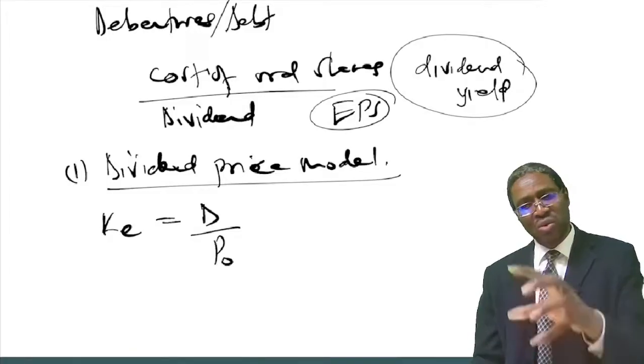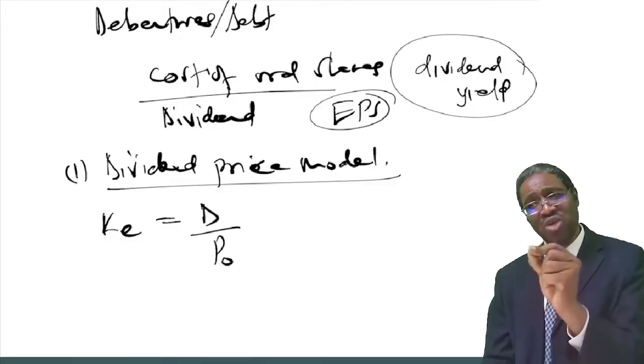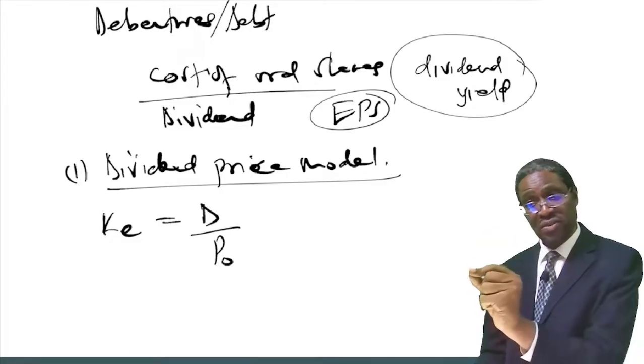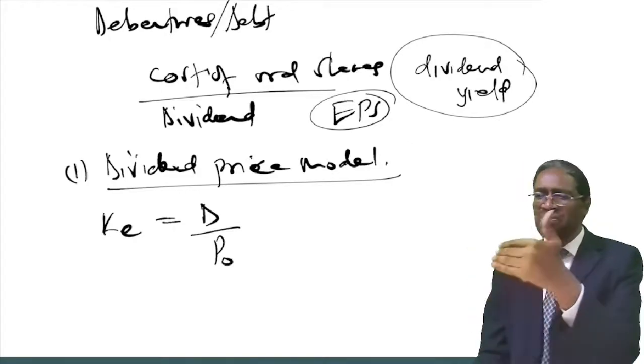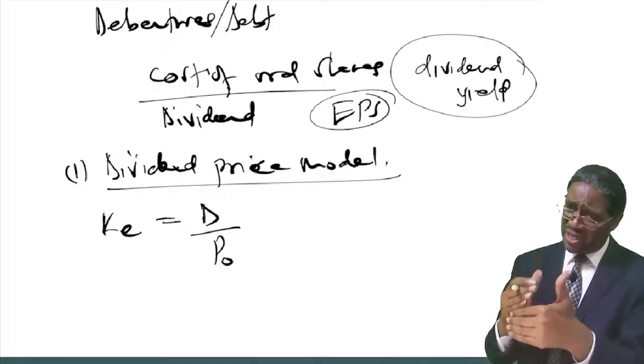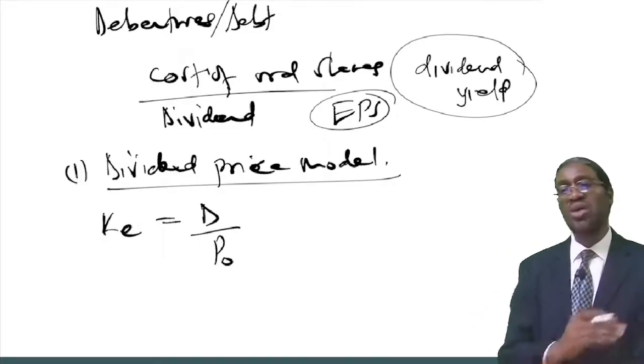So we are saying D divided by P0 is the dividend yield, and it represents the real return to the providers. That being what they are expecting as their return, it now becomes a cost to you as a company.